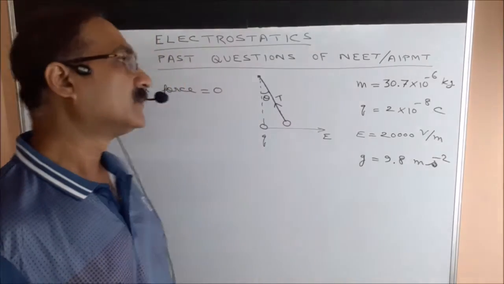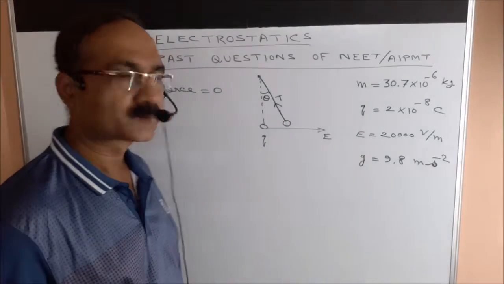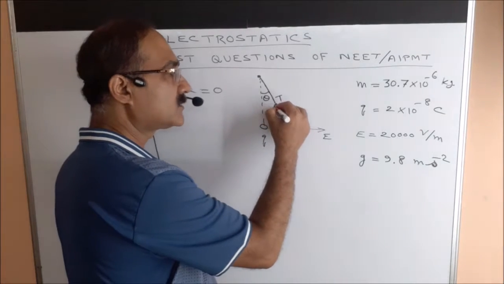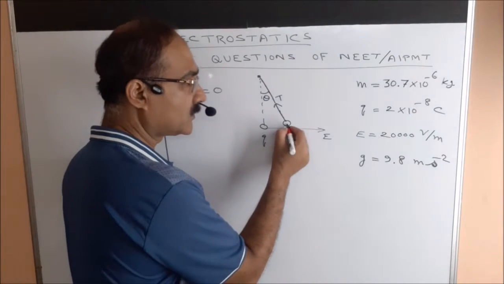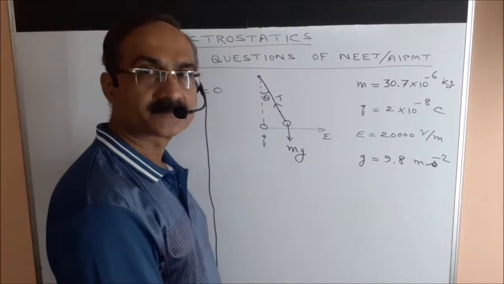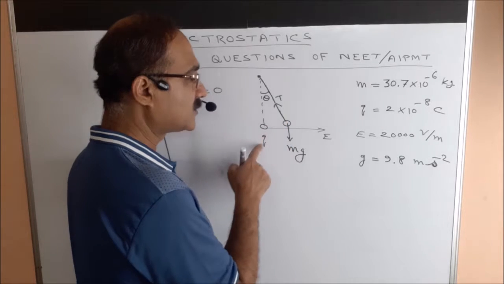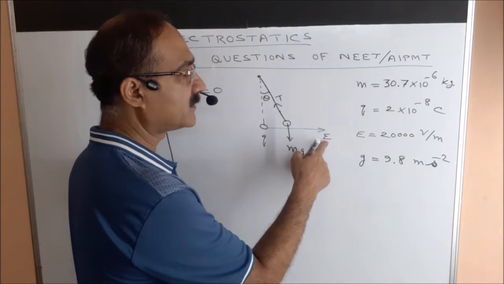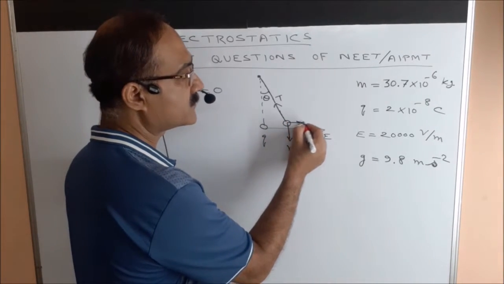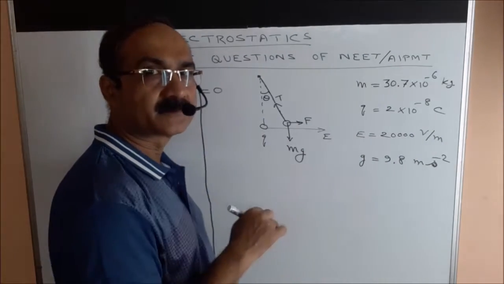Okay, now let's see what are the forces acting on this bob. One is the tension T of the string, one is mg, which will be vertically downward, its weight, and since this bob has some charge and it is in an electric field, it will experience a force in this direction along the electric field.